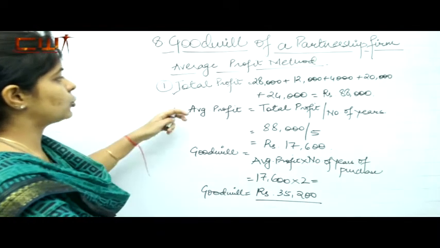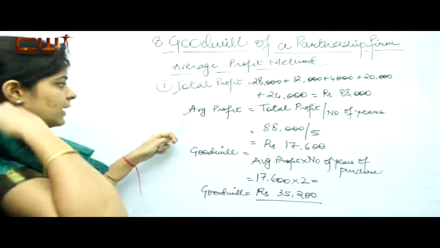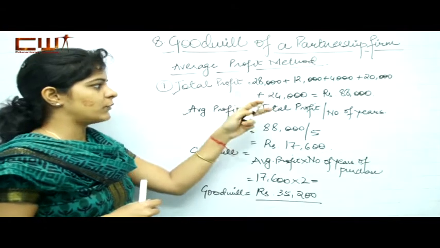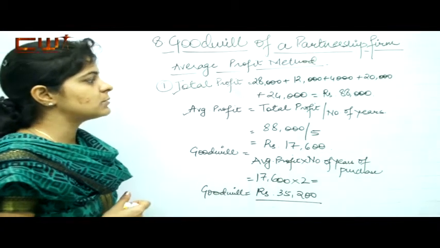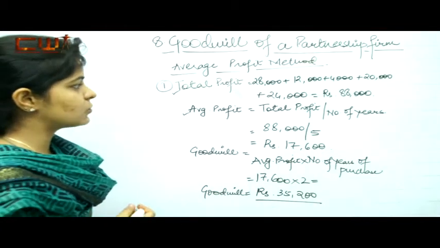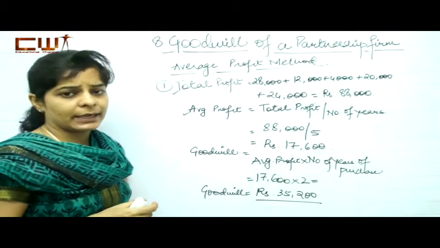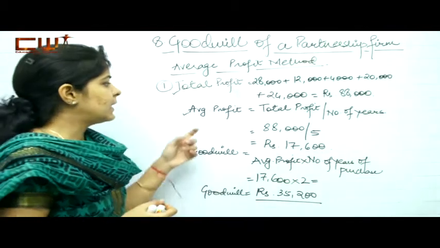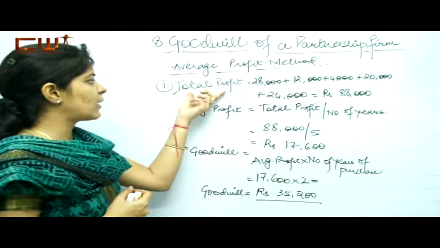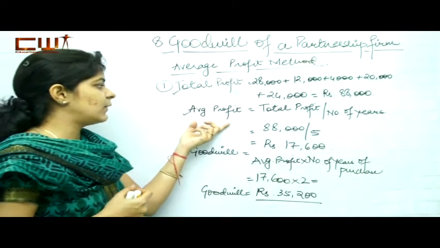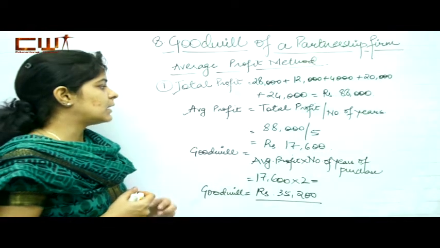So they have the total profits. Then you come to the average profit. Total profit is the profits for the 5 years given to you, 28,000 plus 12,000 plus 4,000 plus 20,000 plus 24,000. You get 88,000, right? Then they have asked you to find out the goodwill. After calculating total profit, the next step is finding the average profit.